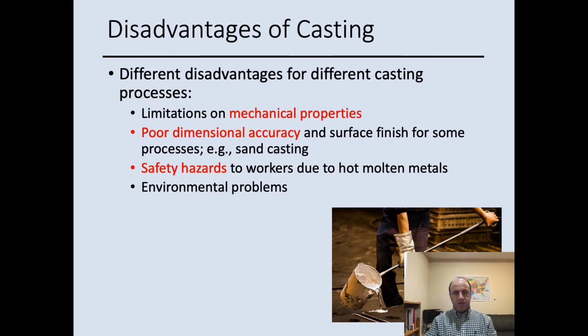The next disadvantage is that it has a safety hazard for the workers, because we are working with hot, molten metal. The next problem with casting is that it has environmental issues that have to be taken care of.